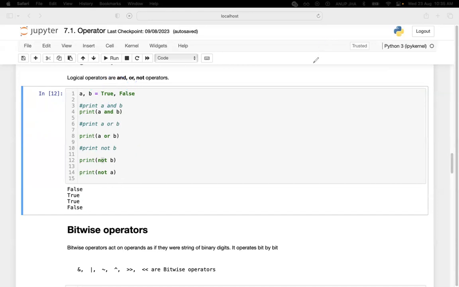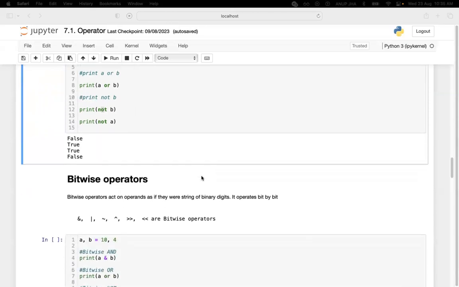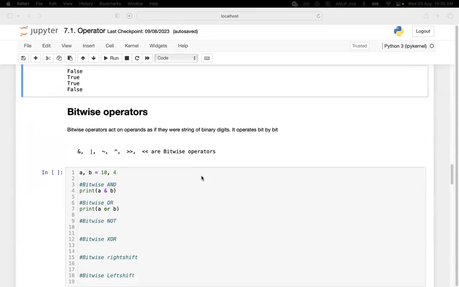So the next operator is called the bitwise operator. Let's understand what this bitwise operator is.